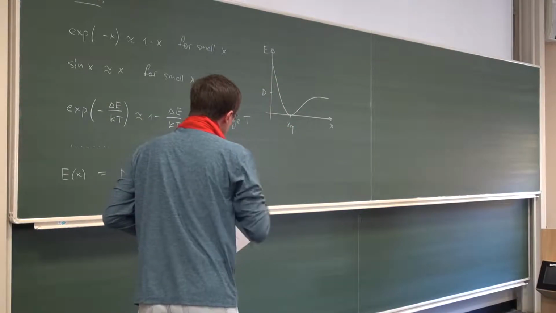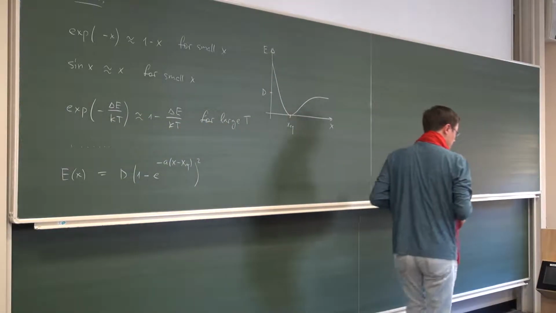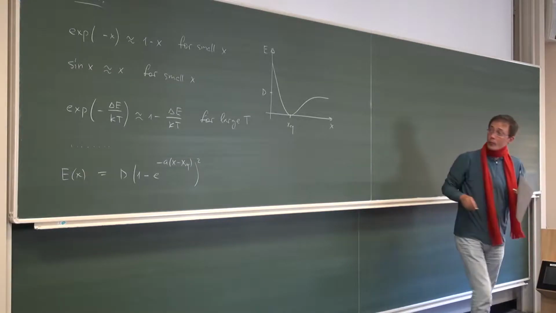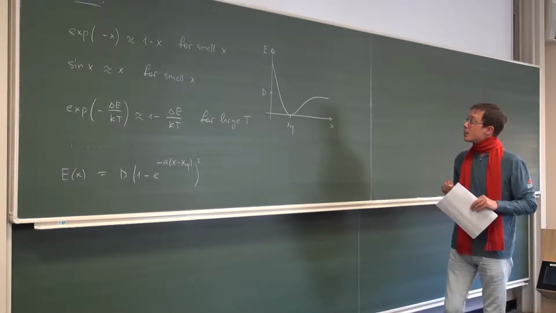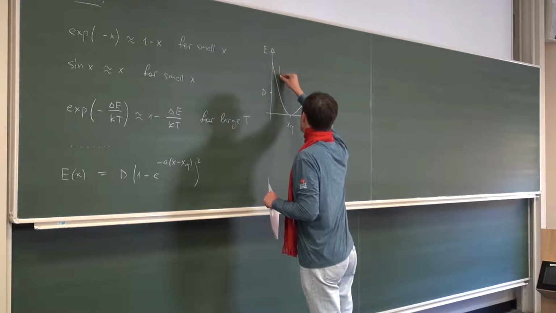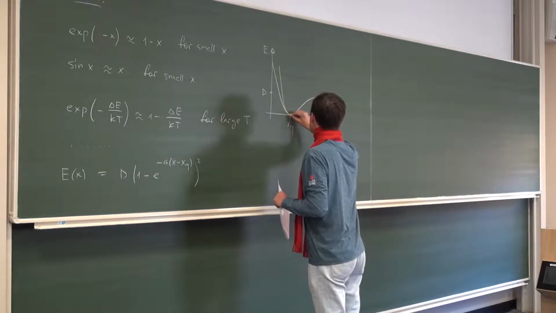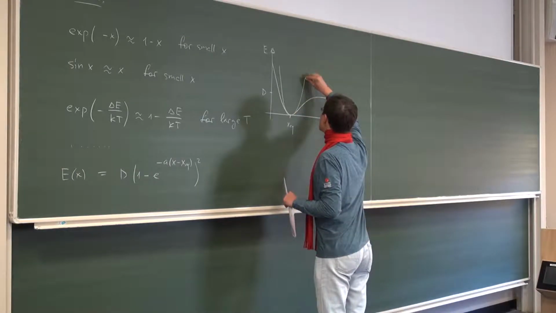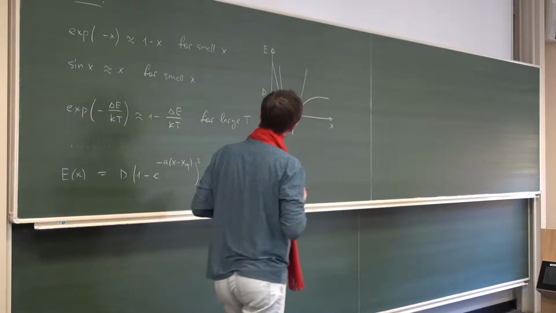And we were discussing the various other approximations to the bond stretching potential, and we have seen that, for example, a quadratic function can show a pretty good approximation around x equilibrium.